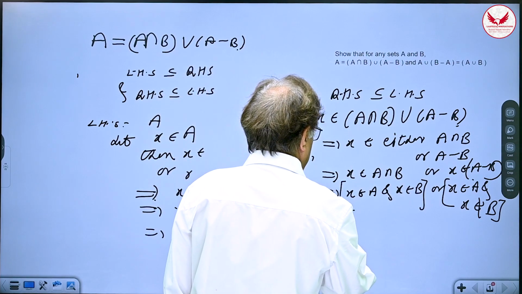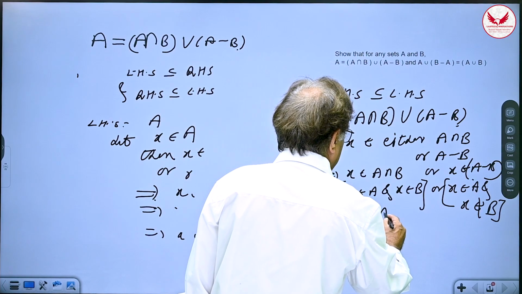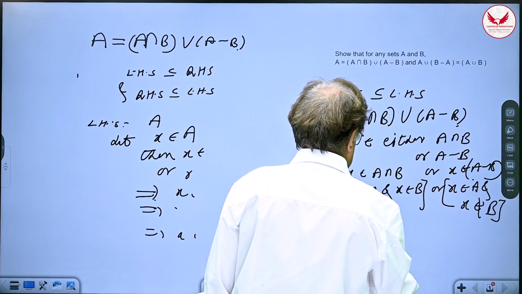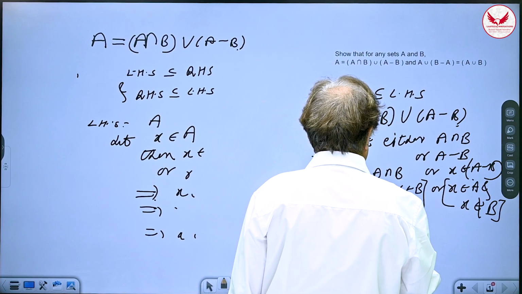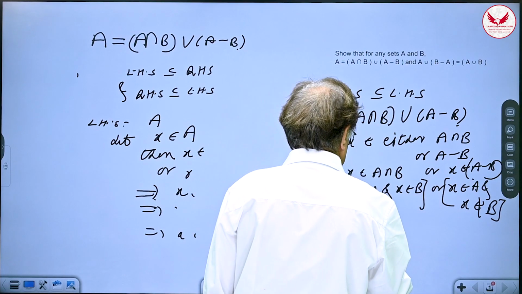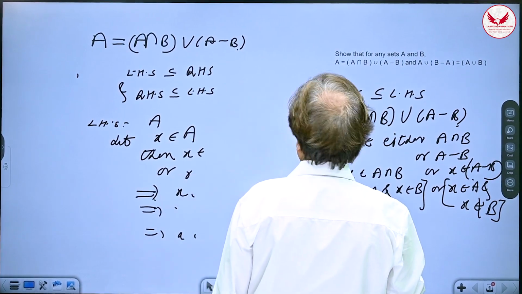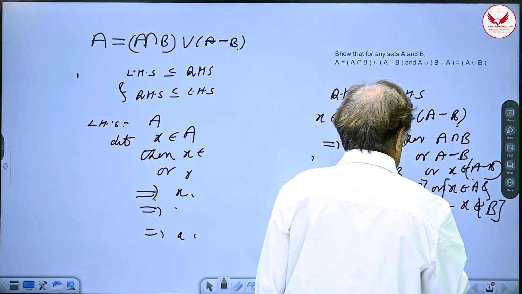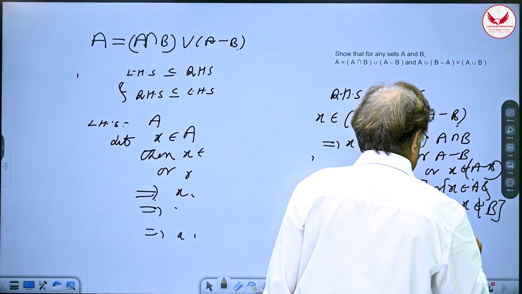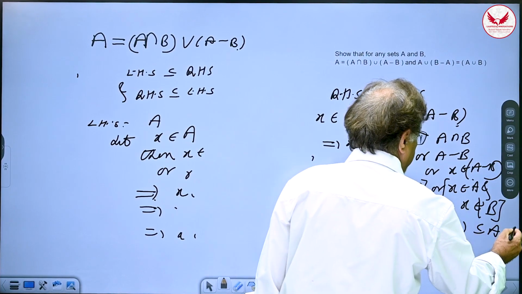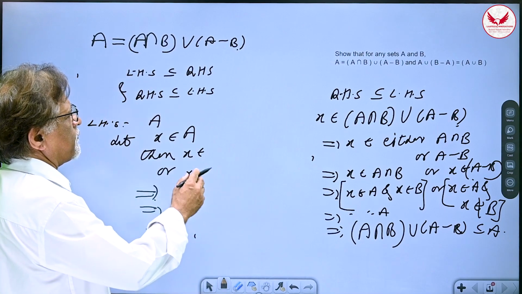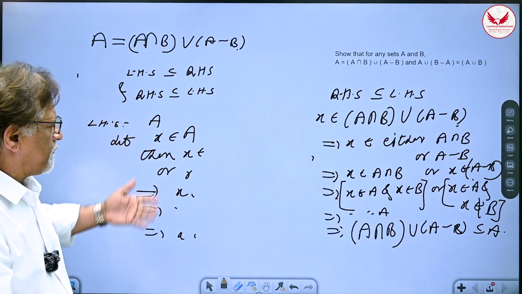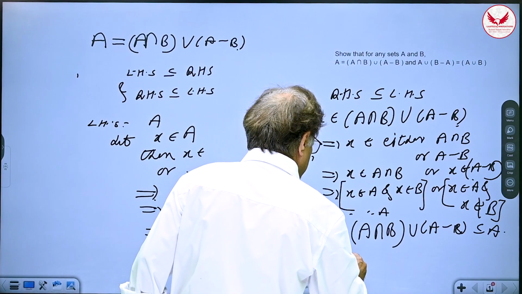So that means X belongs to A, correct? Which means A intersection B union A minus B is a subset of A. So clearly we have proved that RHS is a subset of LHS, and LHS is a subset of RHS. Therefore, LHS is equal to RHS.